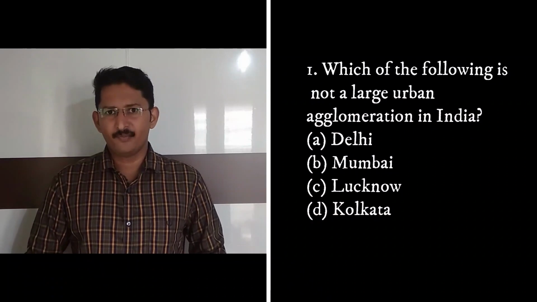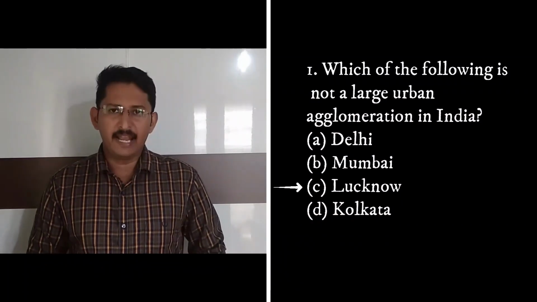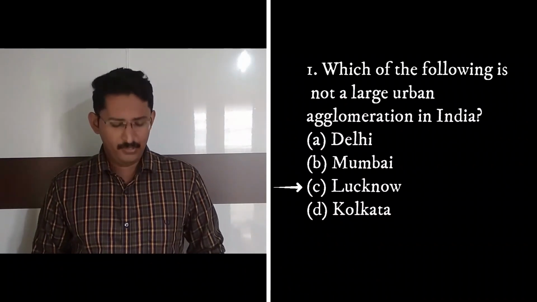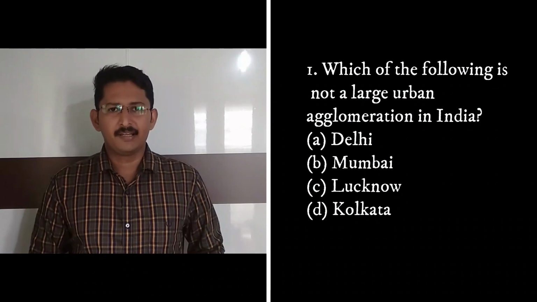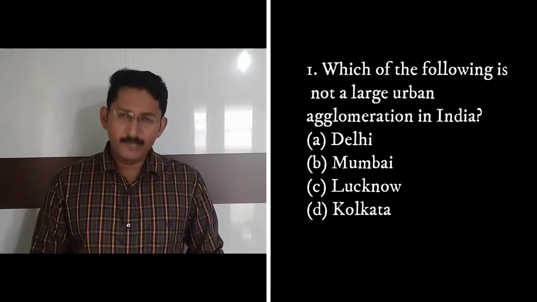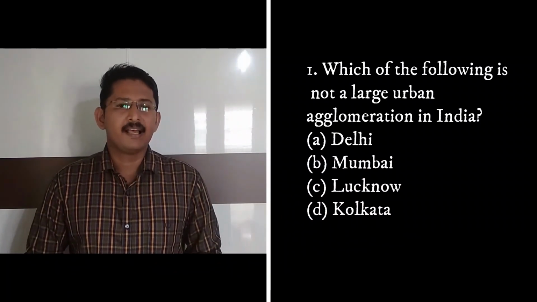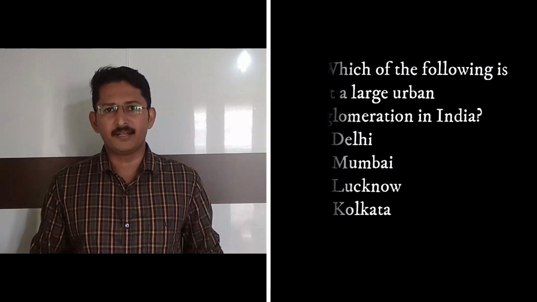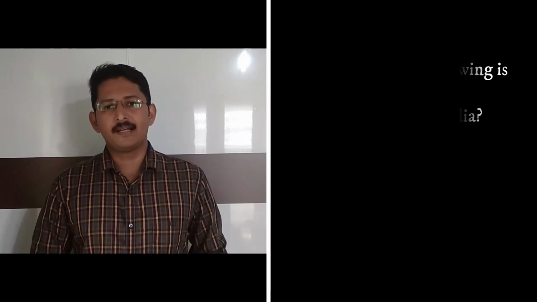Which is that city? It is Lucknow, option C. In the list of urban agglomerations in India, the first three positions are for Delhi, Mumbai and Kolkata. Compared to these cities, Lucknow is not that large an urban agglomeration. So you can mark option C, Lucknow.